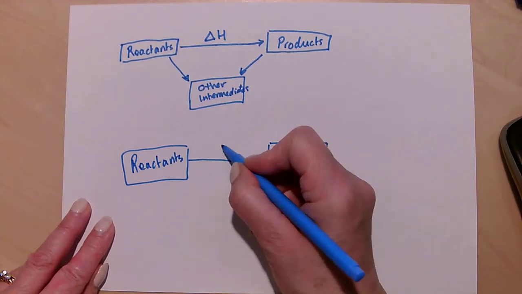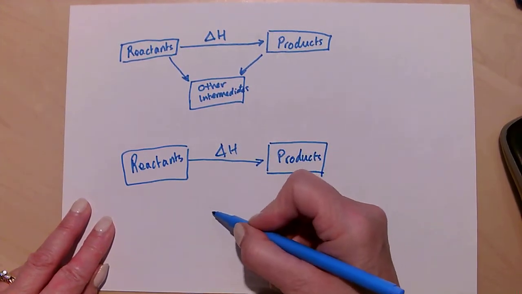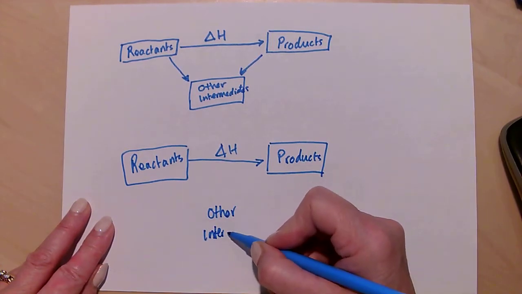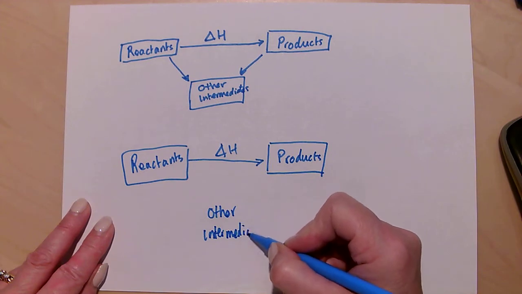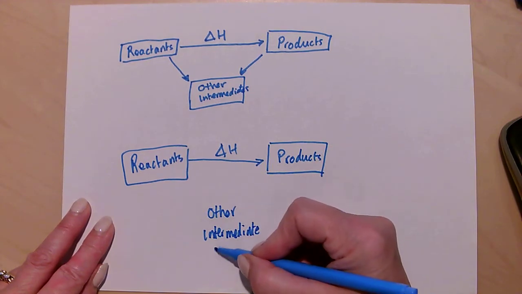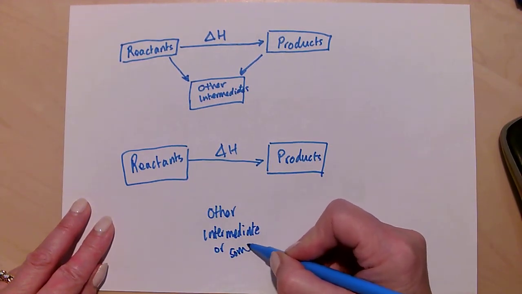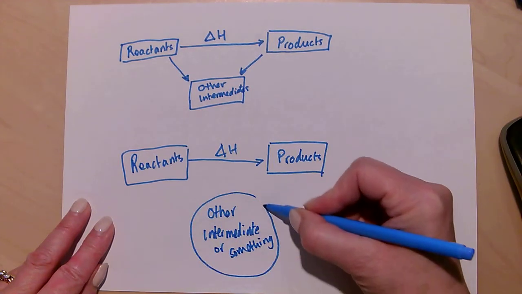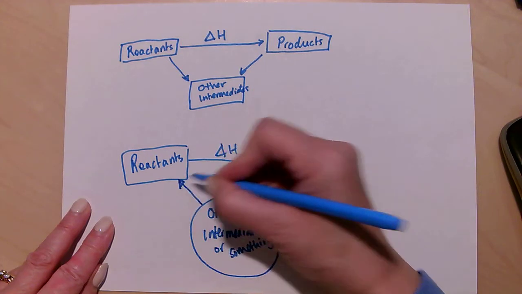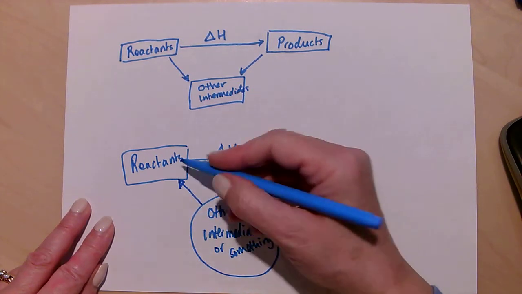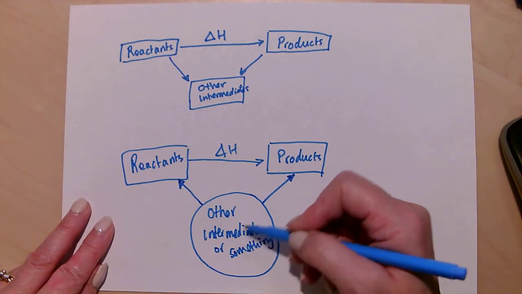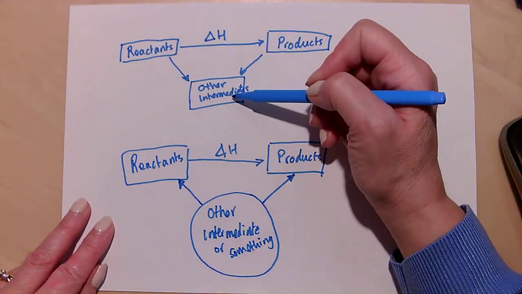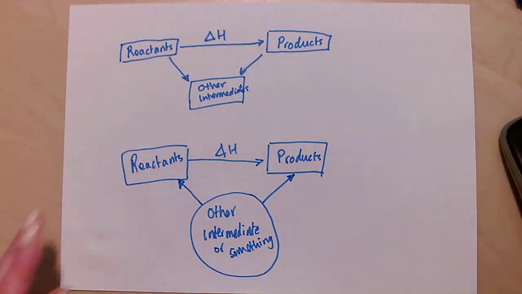So this is our enthalpy change. We might have our other intermediate here, or other something here, other intermediate or something. Okay, and it might be that we might be able to make the reactants and the products from this other intermediate or something. Here we might be able to make the intermediate something from the reactants and from the products.